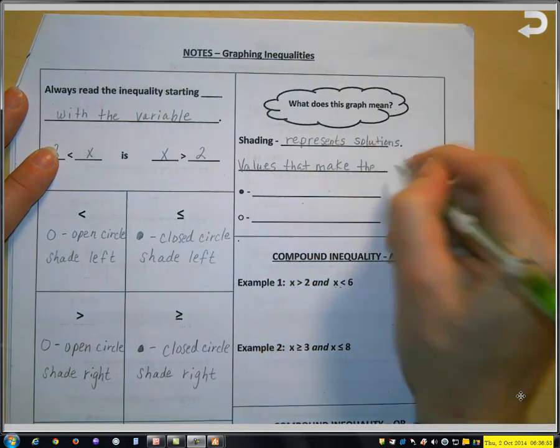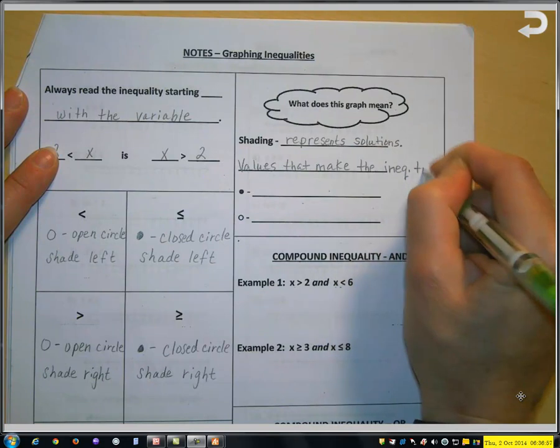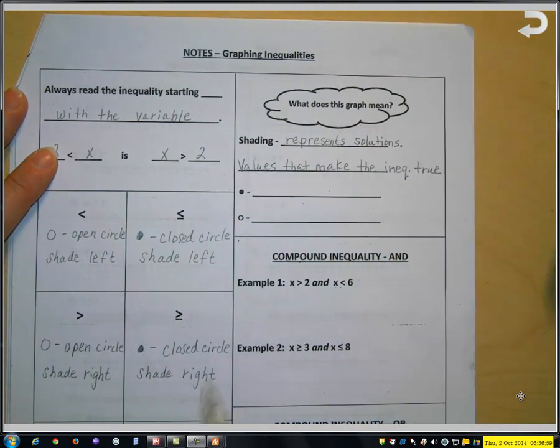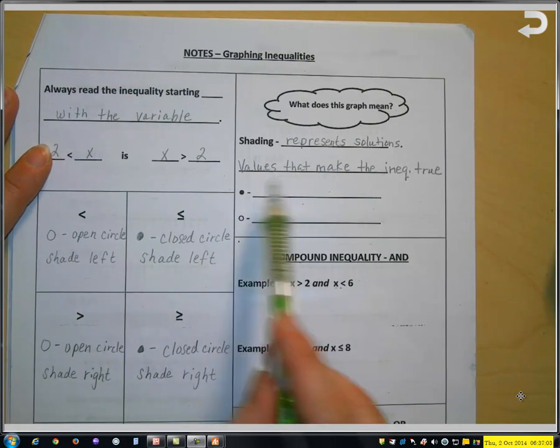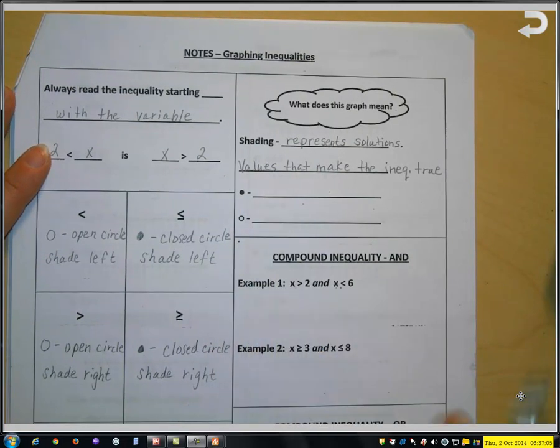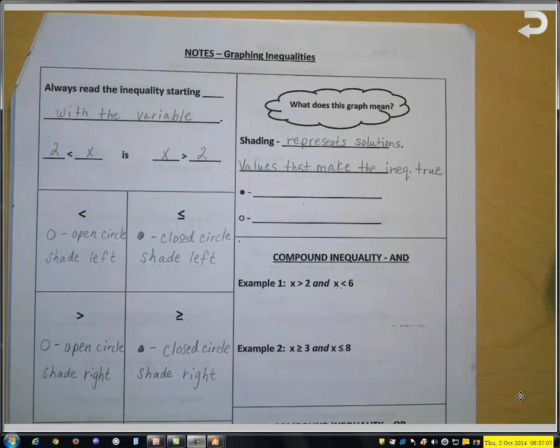And I'm going to abbreviate inequality because I'm running out of space a little bit. They're the numbers or the values that make the inequality true.